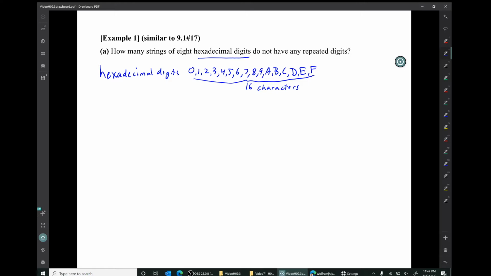Well, we answer this by thinking about tasks. Let's think about populating a string of eight blanks.